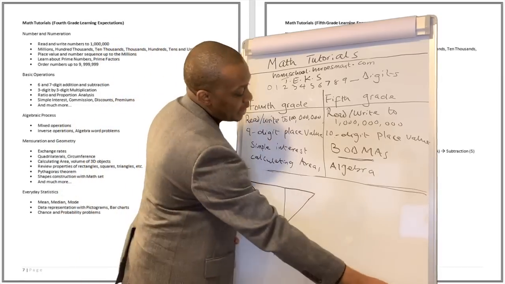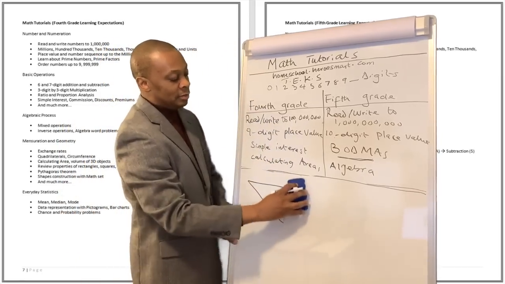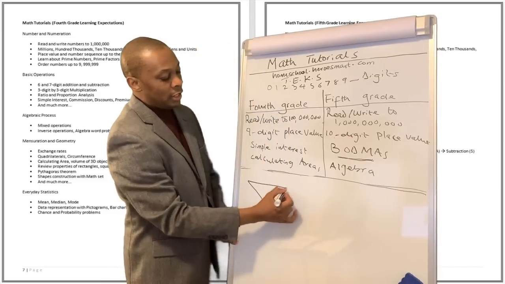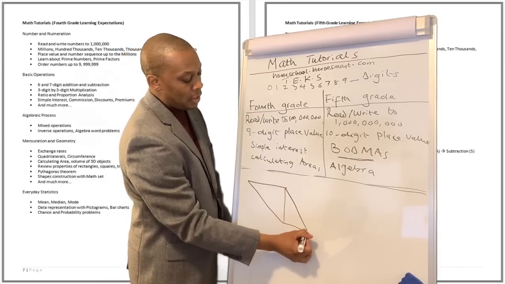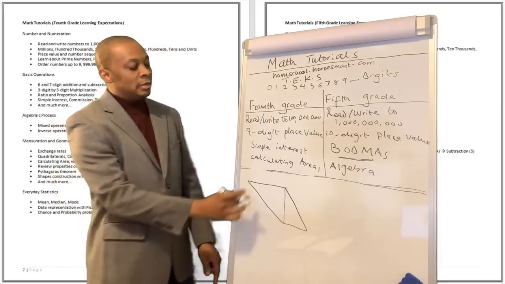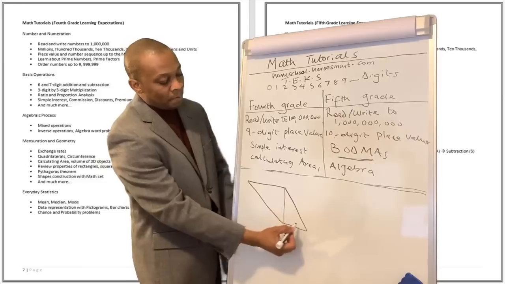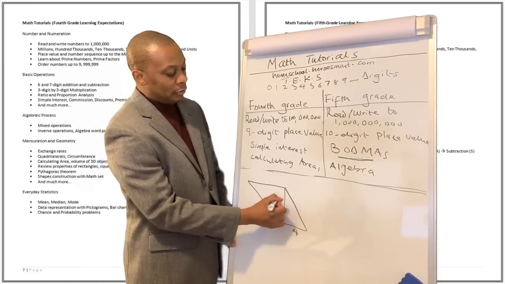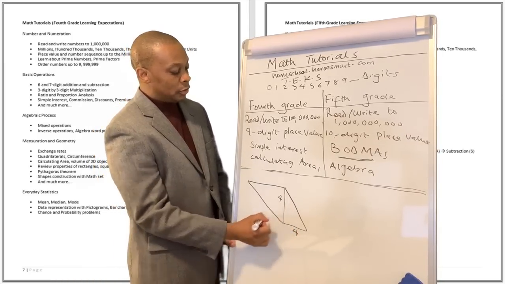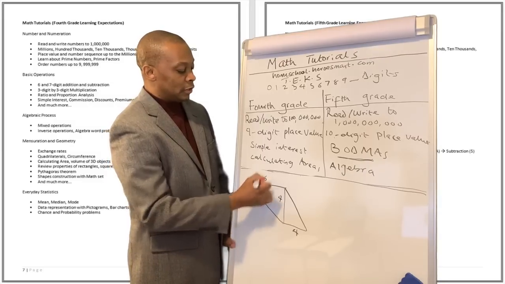Or even if we actually want to make it even a little bit funnier, we can say, what about this? Oh, wow. Calculate the area of the shape if this is equivalent to 4 inches, this is equivalent to 4 inches, and this is equivalent to 6 inches.